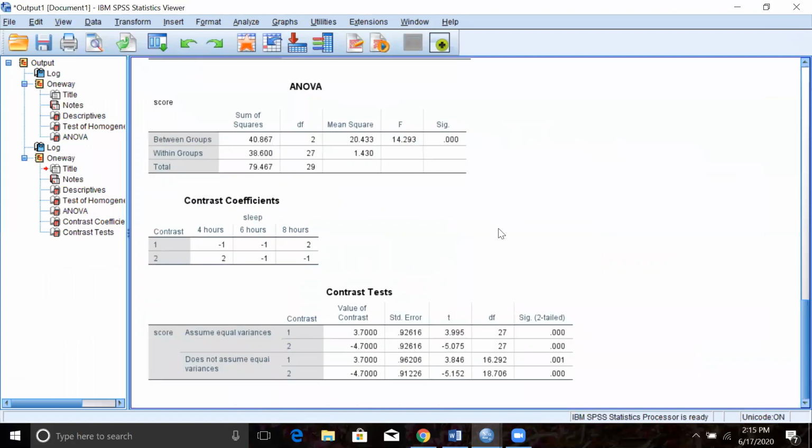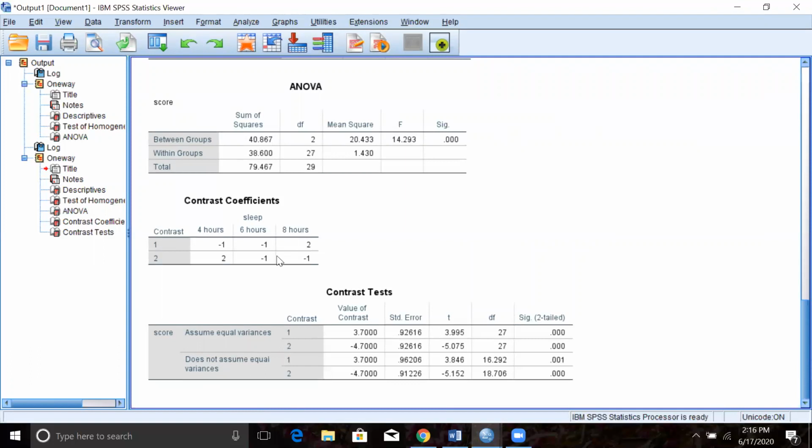The newly run ANOVA still has the results of our one-way test. That's the same. That doesn't change. We still have a significant F value overall. What the contrasts add on are those comparisons that we planned for.